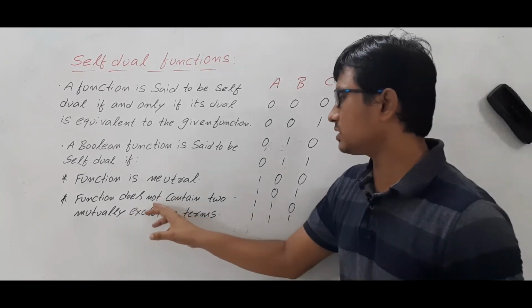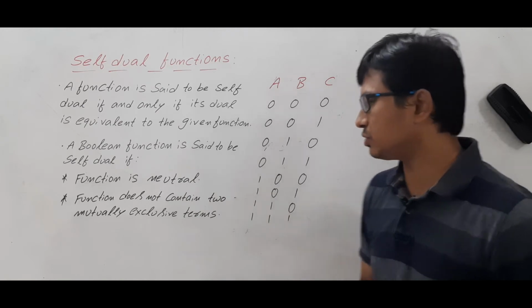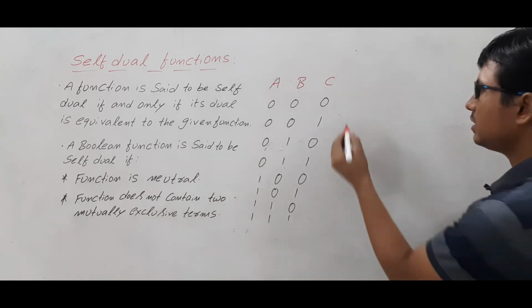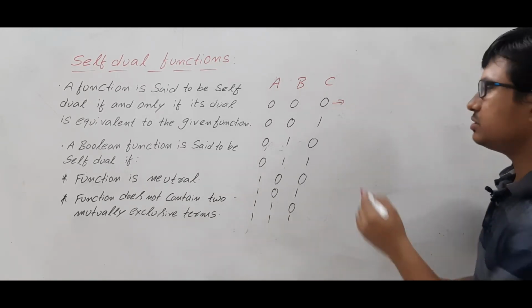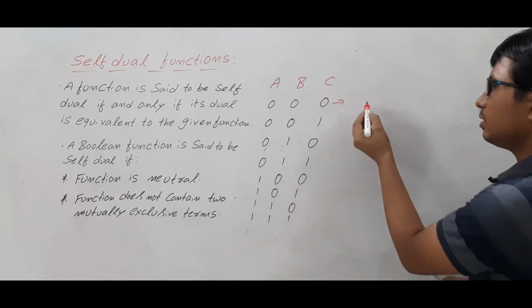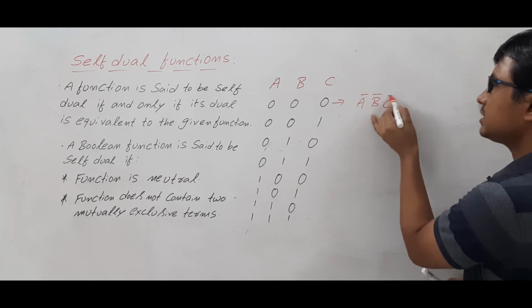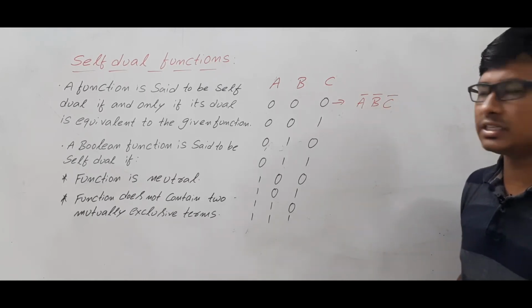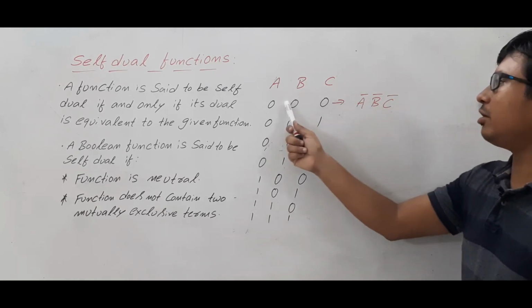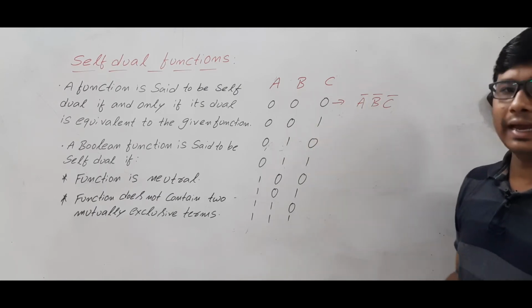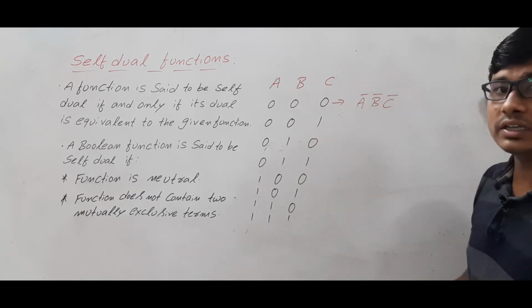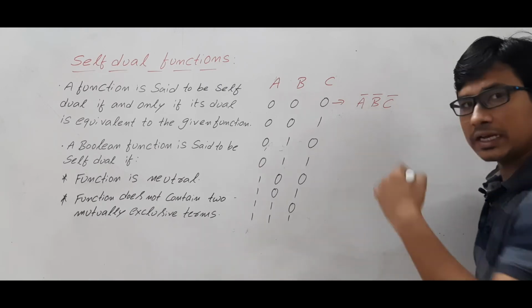Now the function does not contain two mutually exclusive terms. Meaning, let's take this one: 0, 0, 0. This is nothing but A complement, B complement, C complement. Am I right? If I represent it as a min term, it will be A complement, B complement and C complement. Then what is the mutual exclusive for it?